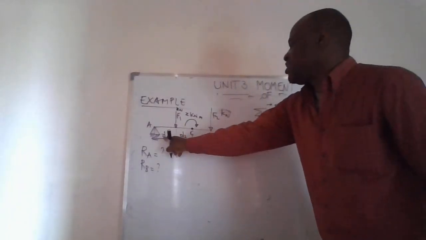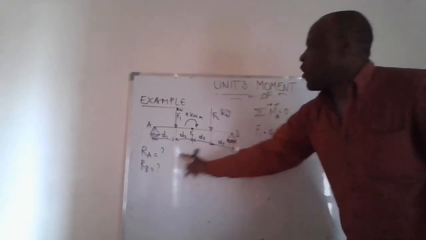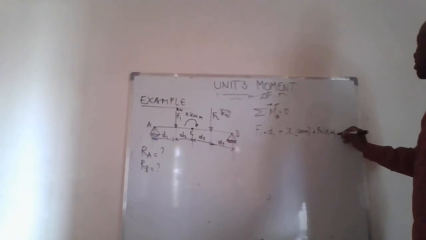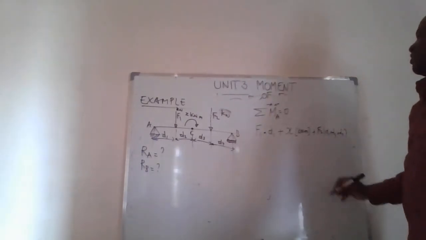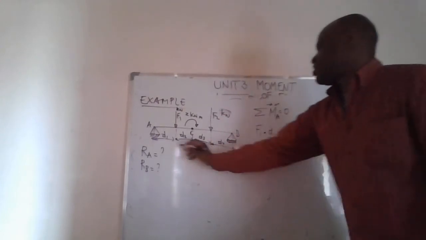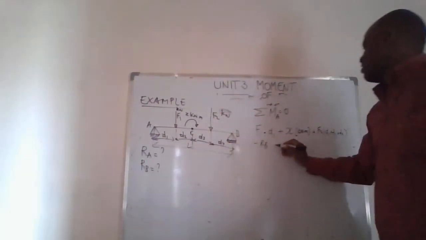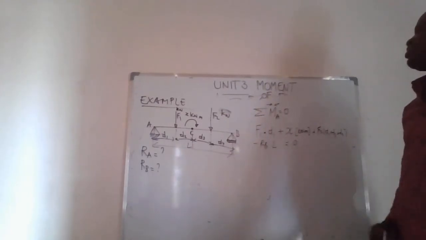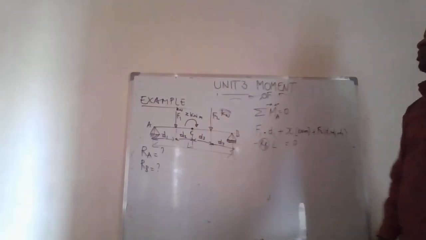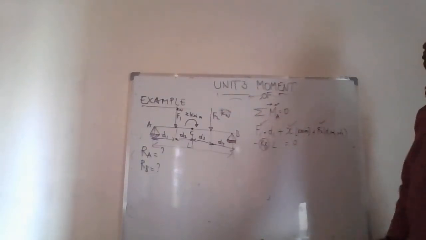It's D1 plus D2 plus D3, and it's a clockwise moment. Minus RB times the moment arm, which is the length L, equals 0. What is the only unknown we have? It's only RB, because all the others are given.